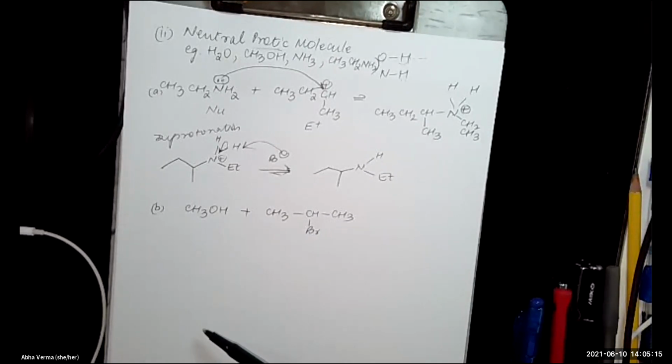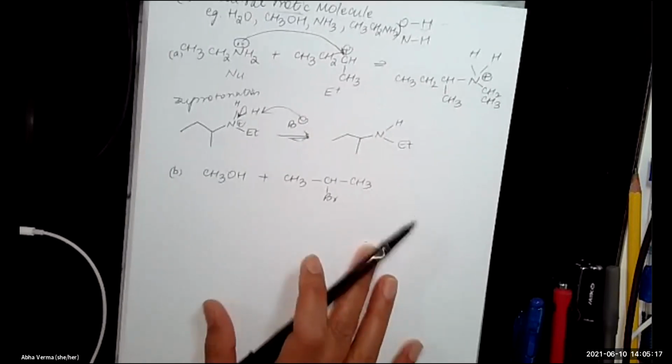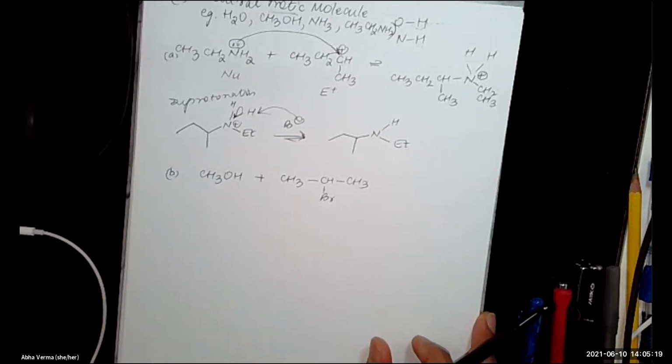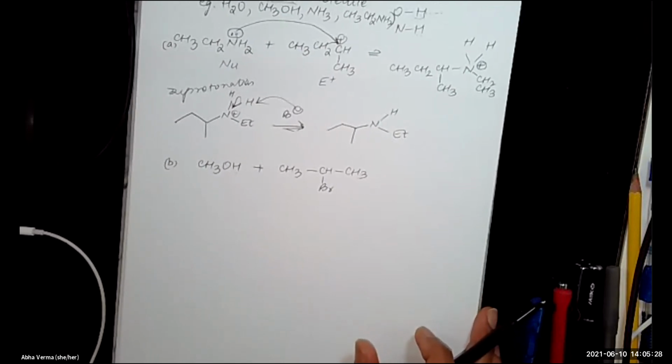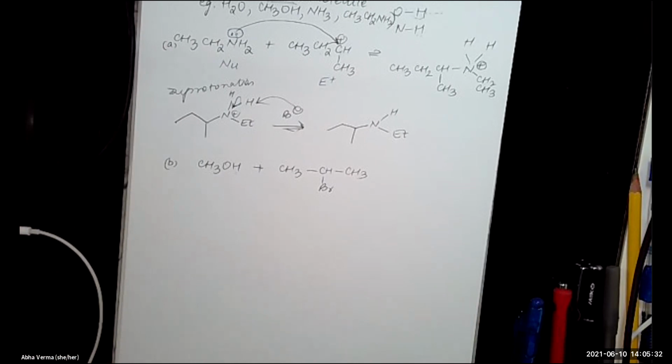So for an acid-base reaction, what is the first thing that we look at? We look at an electron donor. Where is the electron donor present? On the left. The oxygen. Yes, it is the oxygen.